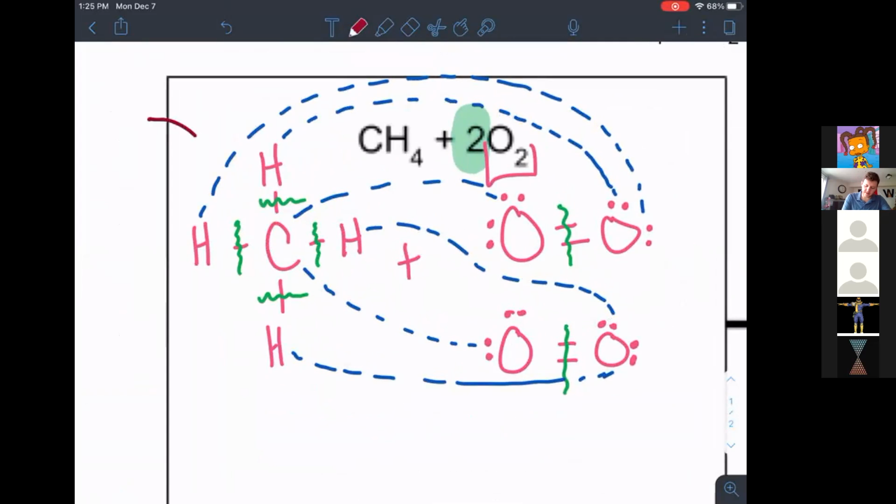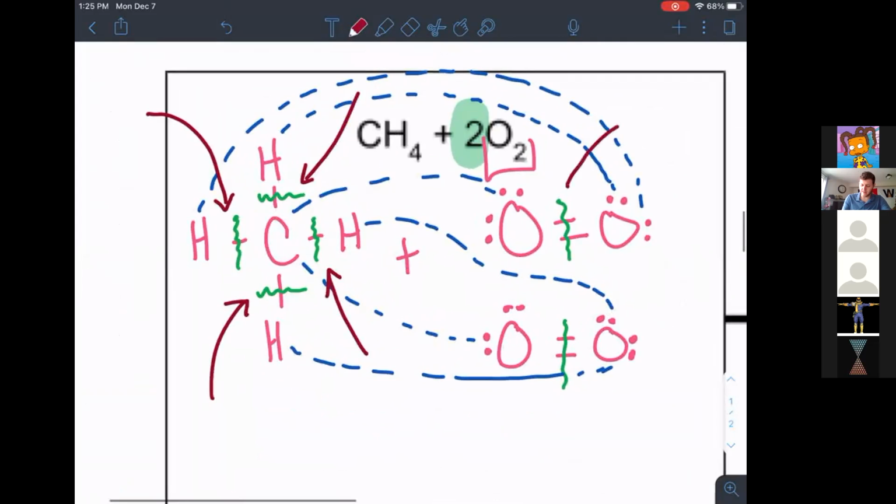That's going to be arrows coming into each of the bonds, showing that those bonds are going to absorb energy. So each bond that broke is going to have an arrow coming in, showing that that bond was absorbing energy to break it. Are there any questions so far?